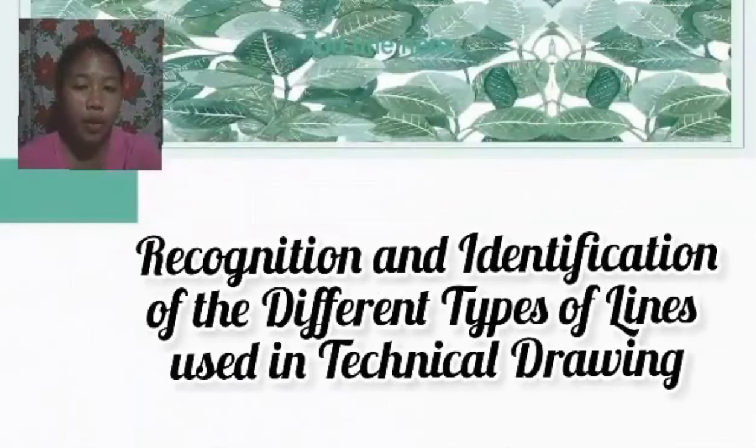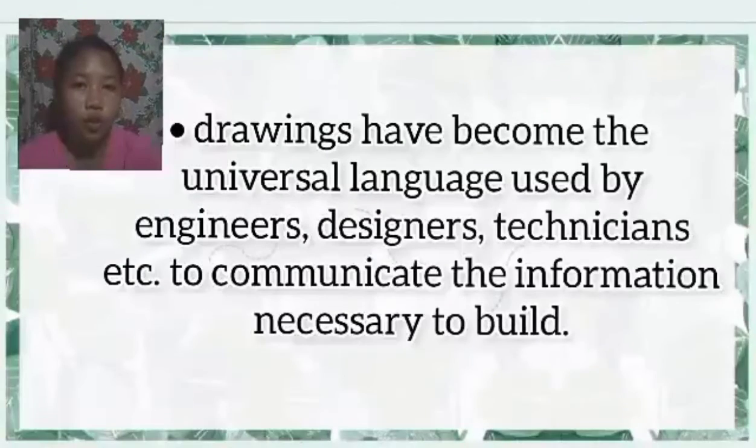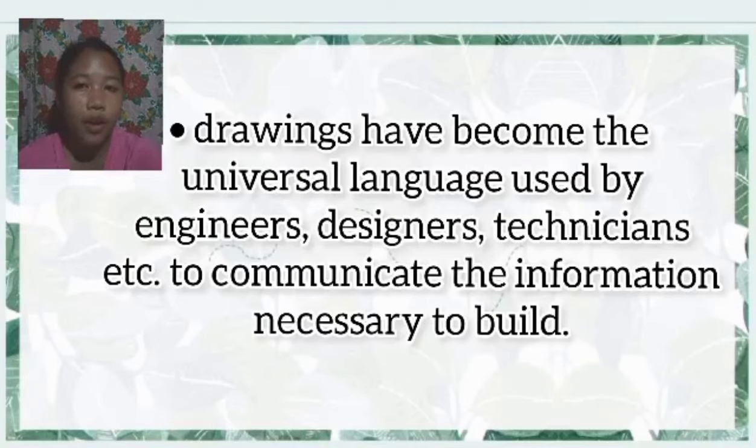In this topic, we're going to tackle the recognition and identification of the different lines used in technical drawing. In technical drawing, it would be impossible for an engineer, designer, or architect to describe in words the shape, size, and relationship of a complex object.